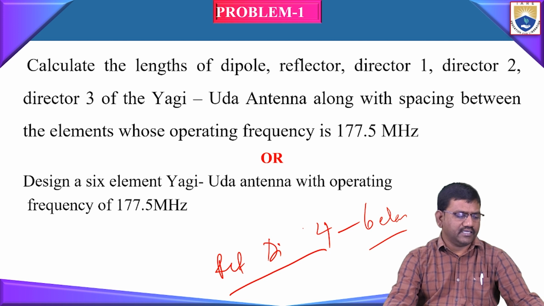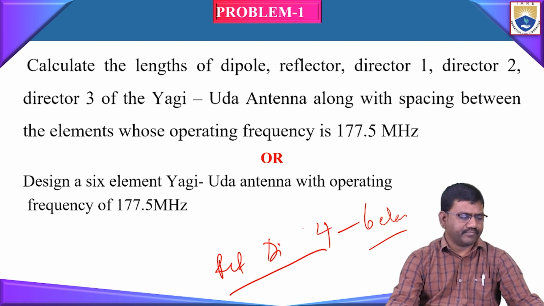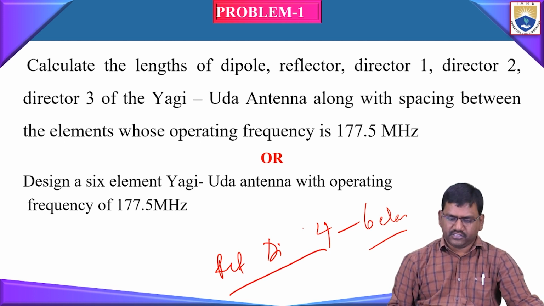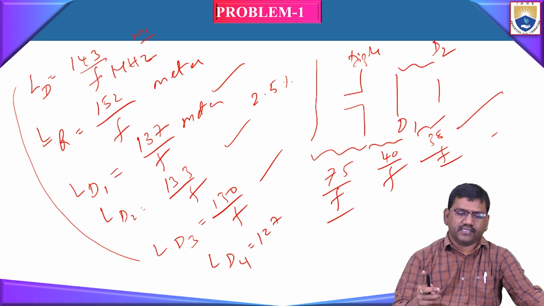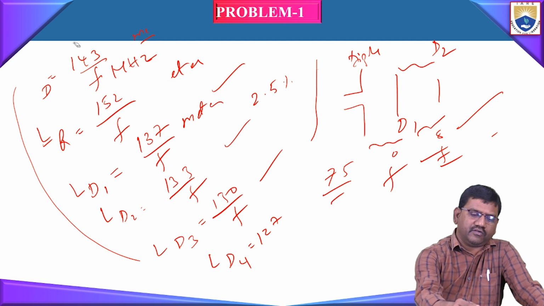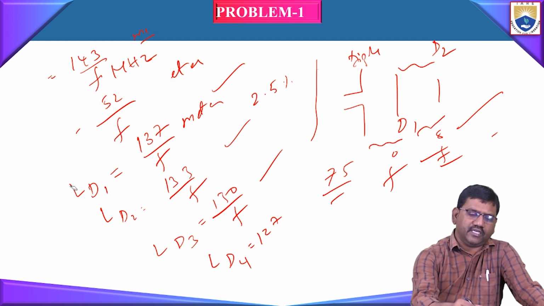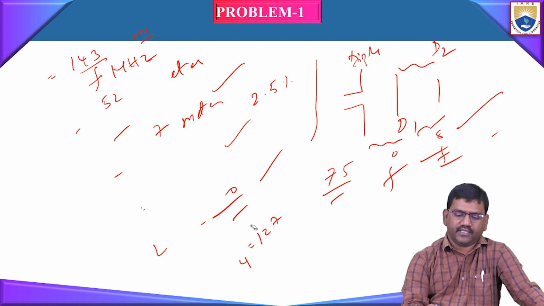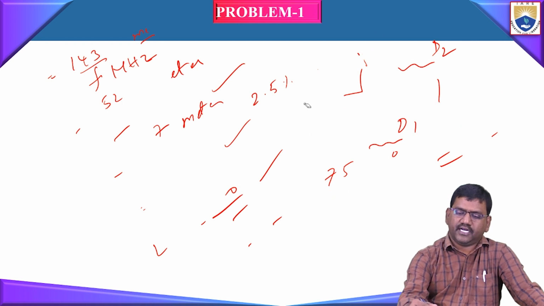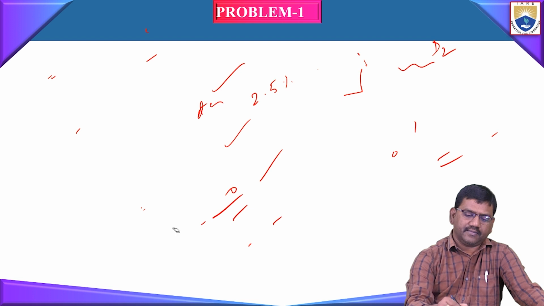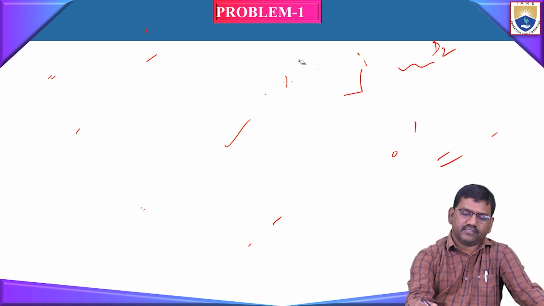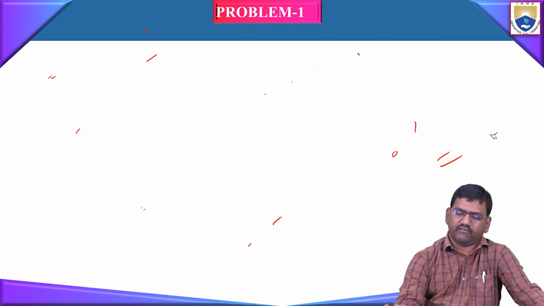So let us calculate this by using the formulas we have defined. Based upon these formulas, we are going to find out each of the lengths of the dipole, the reflector, the director 1, the director 2, the director 3. Now let us find out the length of the dipole first.